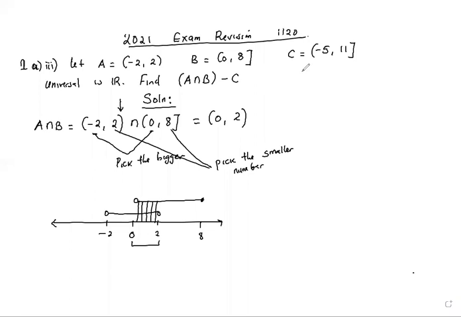Okay, so I've explained why I said pick the bigger, pick the smaller. If you forget, use the number line. Can you kindly repeat on the shading part on the number line? You shade where the two lines are meeting if you're looking for intersection. If you shaded here, you'd have been shading only one line.